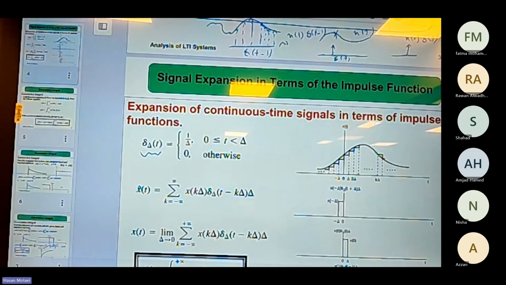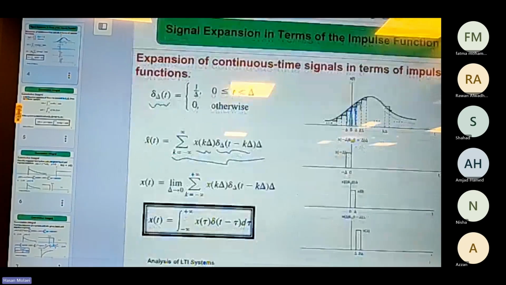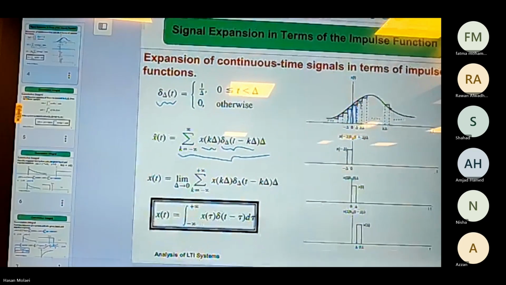This is the definition of delta t. I have a delta t, I just shift it and multiply it by x(t). I shift it again and multiply it by x(t), and I add all of them together.